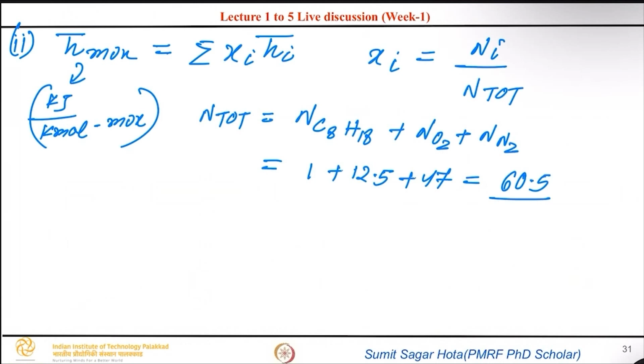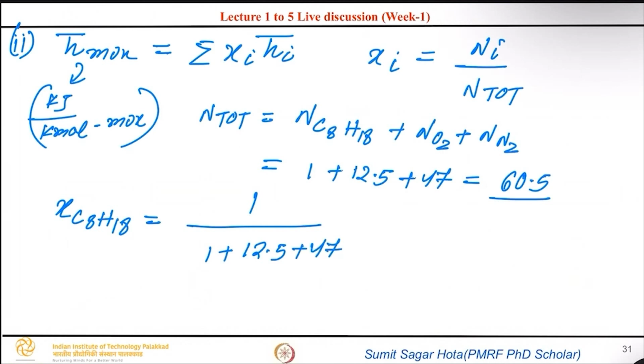Now, what is x of C8H18? 1 divided by 1 plus 12.5 plus 47. What does it mean? 60.5 we are getting, so what is the value? 0.0165. Okay, very simple.